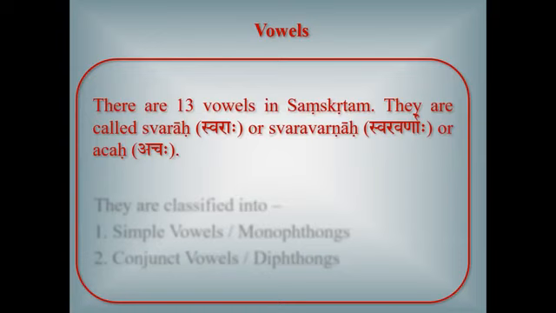Achaha is a technical name to denote all the vowels. You can note this word. A-C-A-H. Achaha. This is international standard, therefore you have to read it as Achaha, not Akaha. CA is not Ka, it is Cha. That is the international transliteration standard.